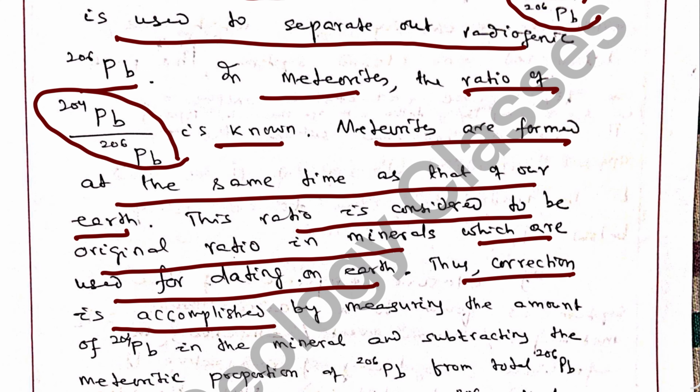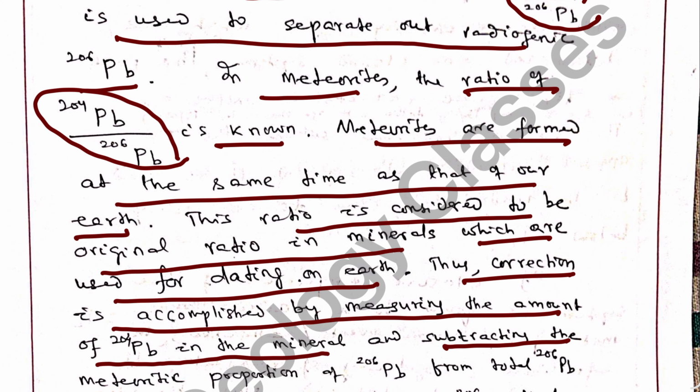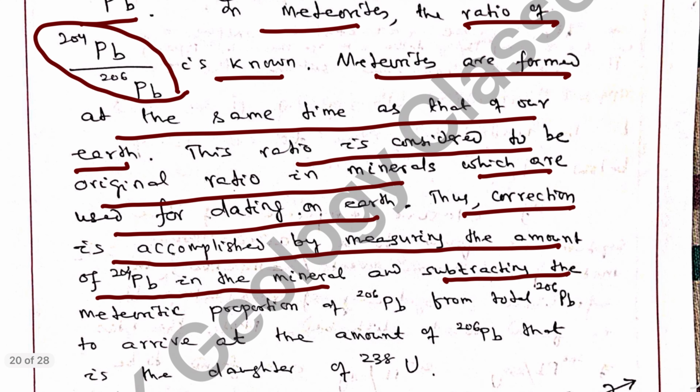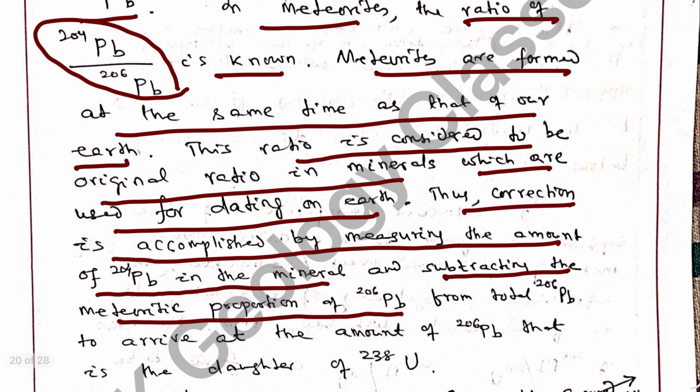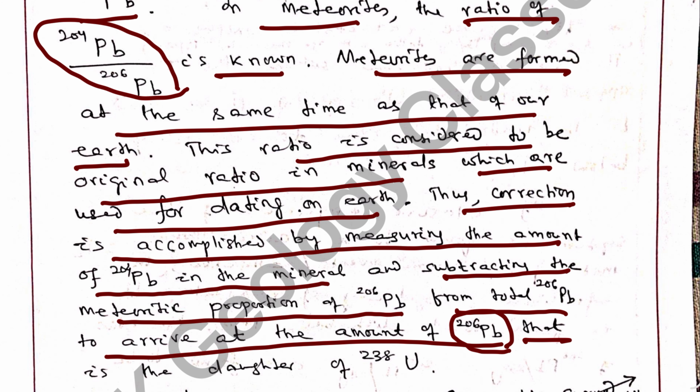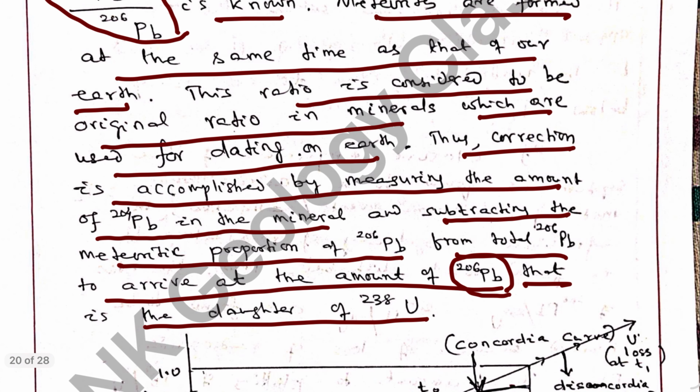Thus, correction is accomplished by measuring the amount of Pb204 in a mineral and subtracting the meteoritic proportion of Pb206 from the total Pb206 found in the rocks and minerals of the Earth, in order to arrive at the amount of Pb206 that has been produced by a radioactive decay process from uranium-238.